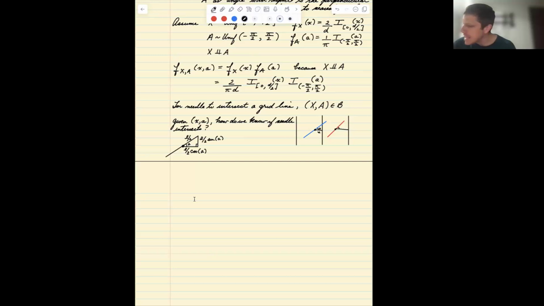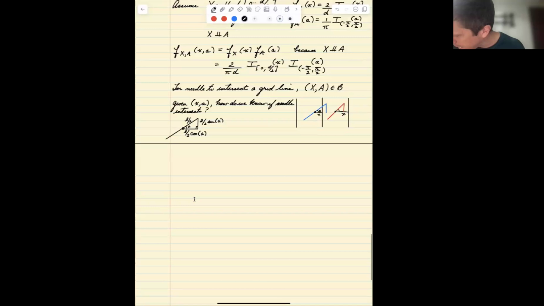And so what we can see is that X is either less than L over 2 cosine A or bigger than L over 2 cosine A. So we define B to be the set of X's and A's such that X is less than or equal to L over 2 cosine of A.